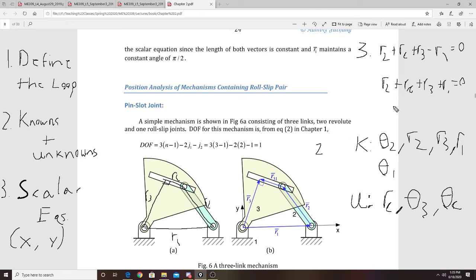You see the point? You can add negative numbers together and get 0. What I'm saying is, you could have R2 as a vector, plus RC as a vector, plus R3, but R3 could be a negative number. So you could get to 0 a different way, and you could write it as minus if that's what you're going to type in.